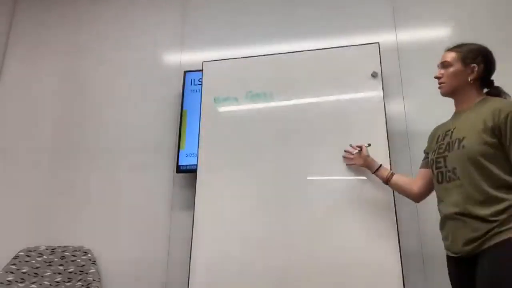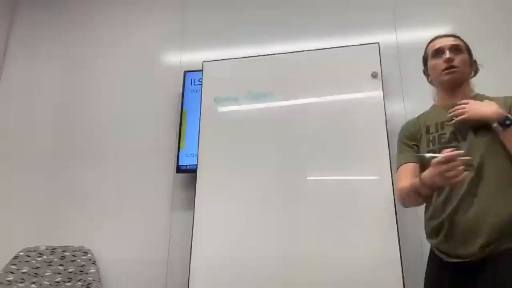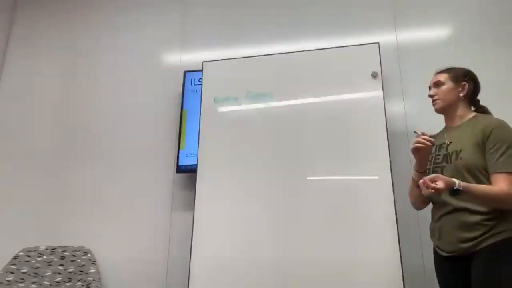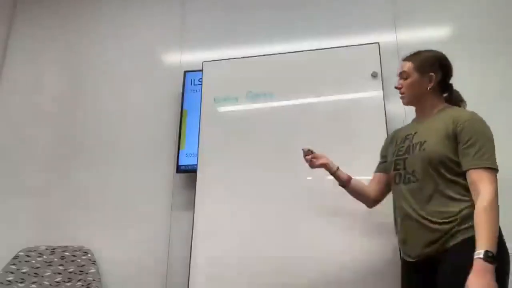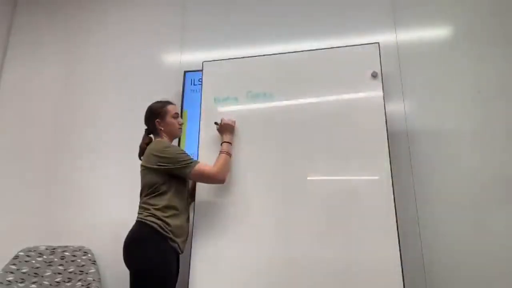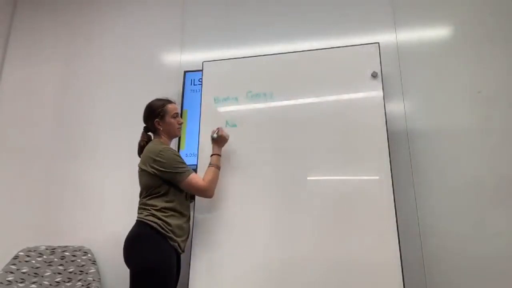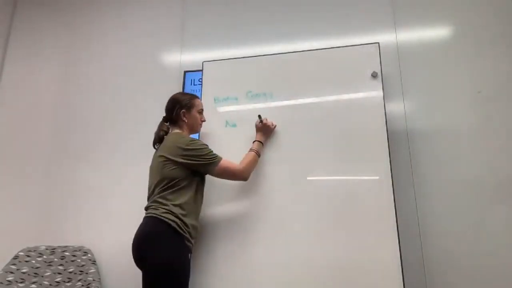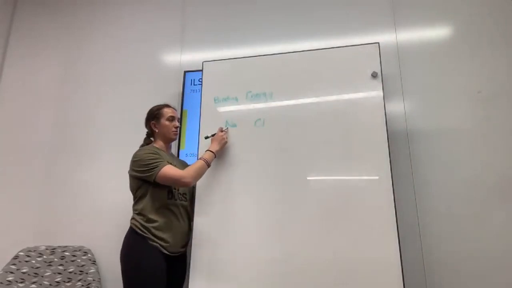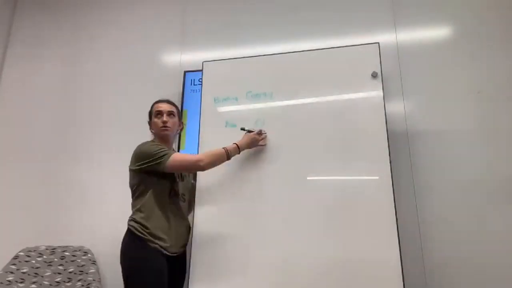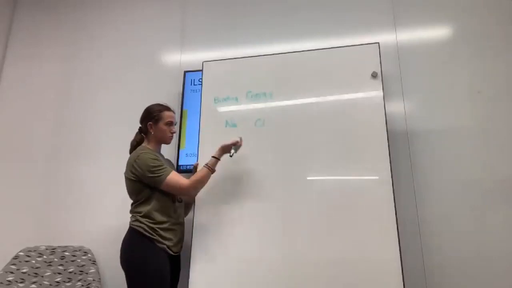So what we know, right, in an atom, we always have a nucleus that has protons in it and then the electrons around it, and that kind of cancels it out. But that means that when we have a sodium ion, we have sodium here and we have chlorine here. The nucleus of your sodium atom is going to be attracted to the electrons of the chlorine atom and vice versa.